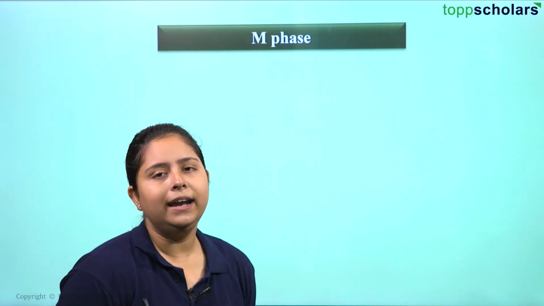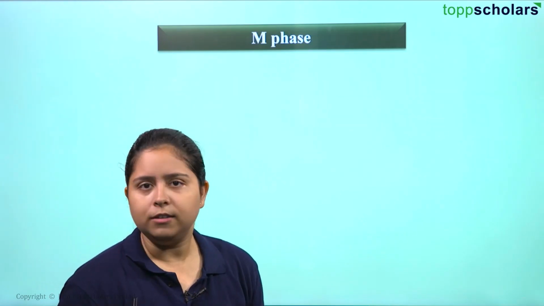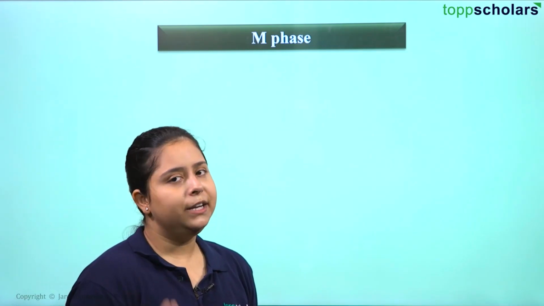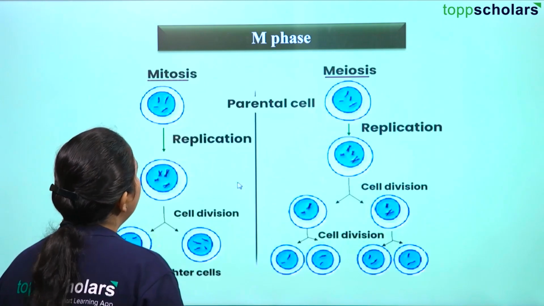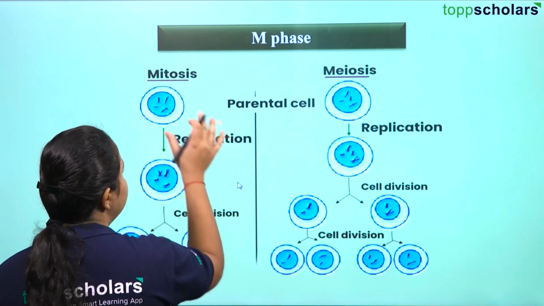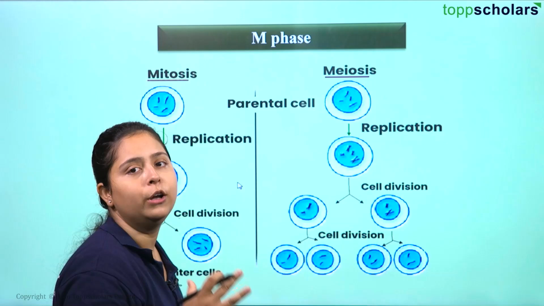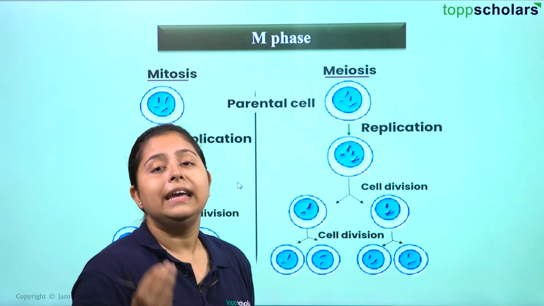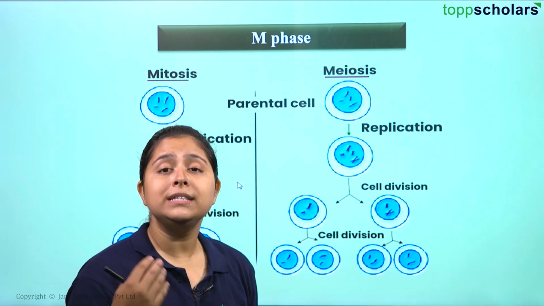Going ahead, let us discuss M phase briefly. We are just introducing you to the concept. We will deal with more details in our upcoming videos. Over here, M phase can be mitosis or meiosis depending upon the cell type. Meiosis is undergone in, yes, sex cells. Why? To produce the gametes.